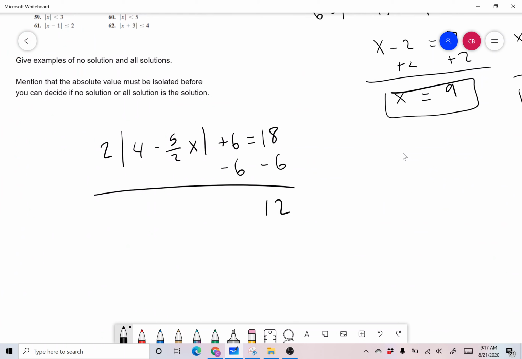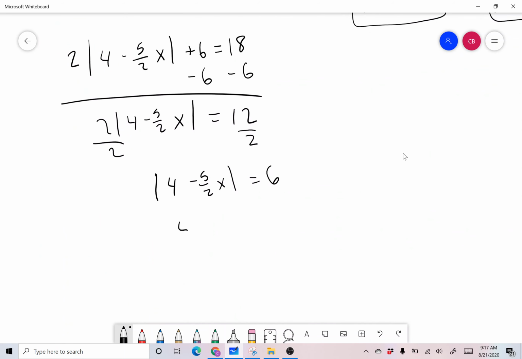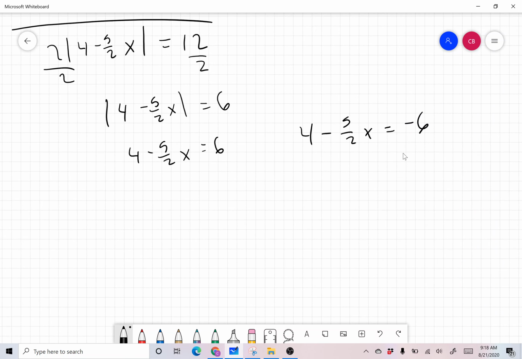So this is 12 is equal to 2 times the absolute value of 4 minus 5 halves x. I divide by 2. I get the absolute value of 4 minus 5 halves x is equal to 6. And so I have 4 minus 5 halves x is equal to 6, or 4 minus 5 halves x is equal to negative 6. And I can solve both of these.